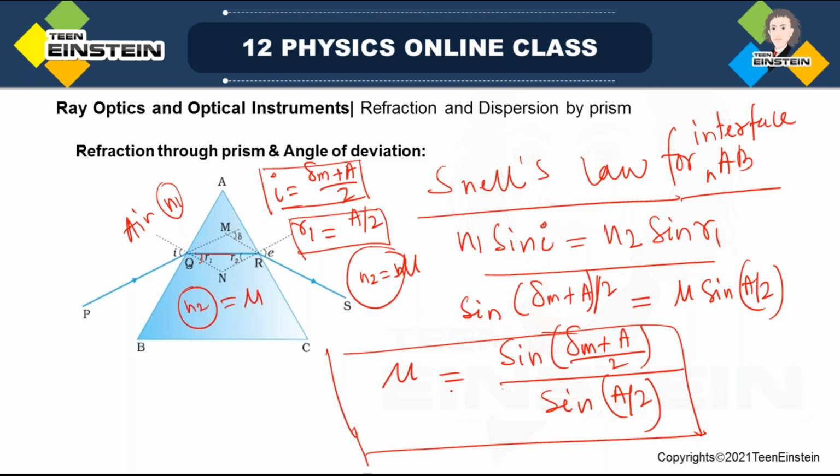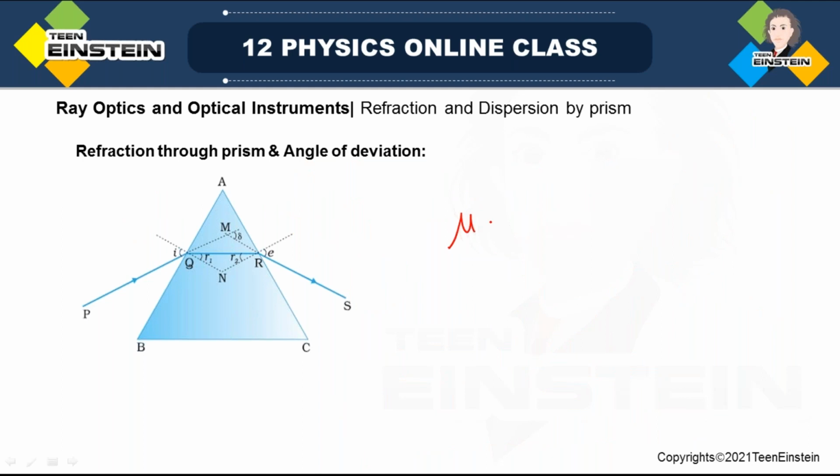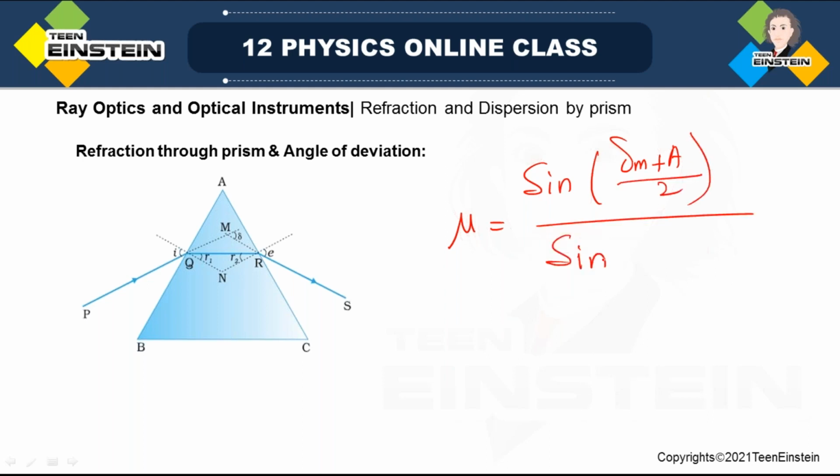This particular relationship will give you the relation between the refractive index of the material of the prism, minimum angle of deviation and angle of prism. Okay, so this is the relation you should remember.